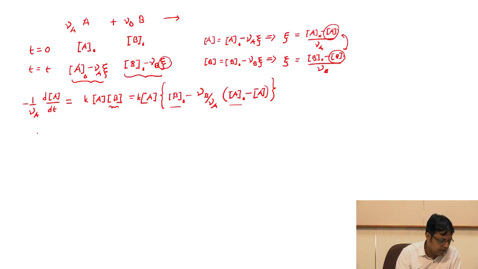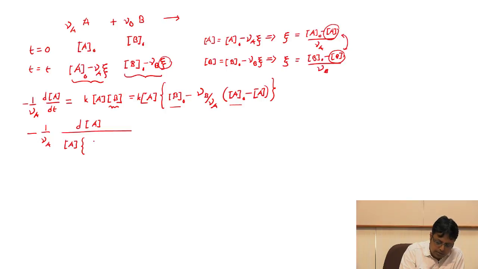So now I can rearrange the terms and then try to integrate. Let us see how to do this integration. I'll have 1 over nu a, and then we can just write dA divided by this entire thing, which is a times b0 minus nu b by nu a times a0 minus a, equal to kt here, and then we'll integrate.